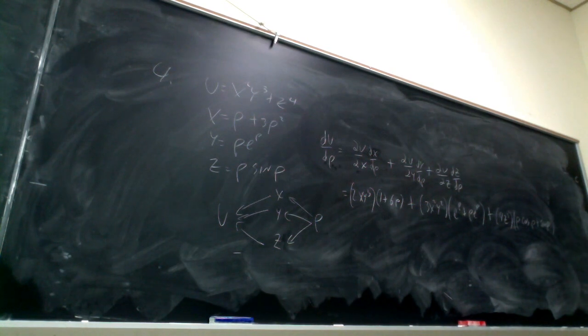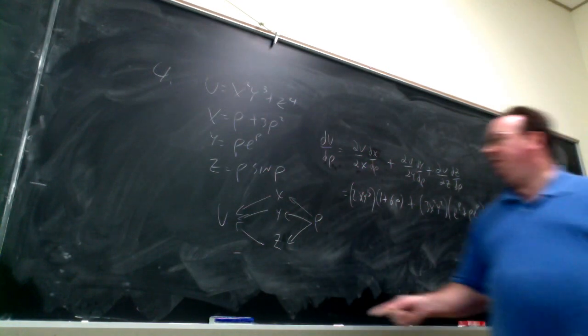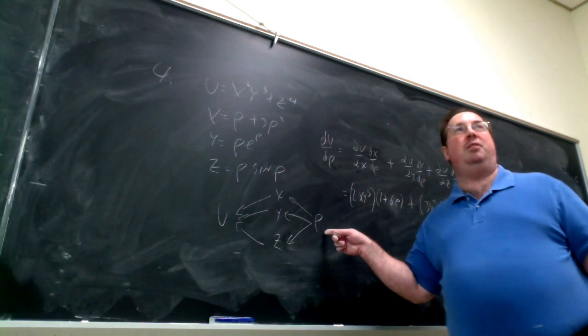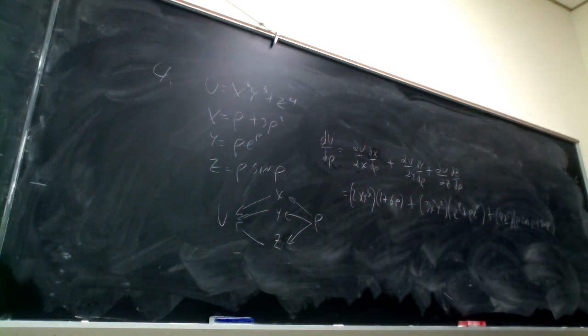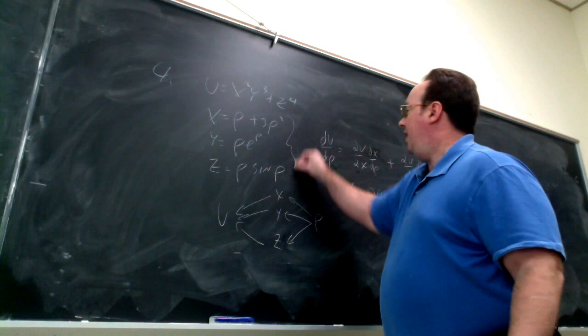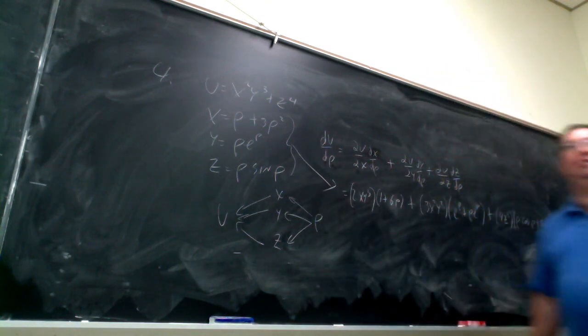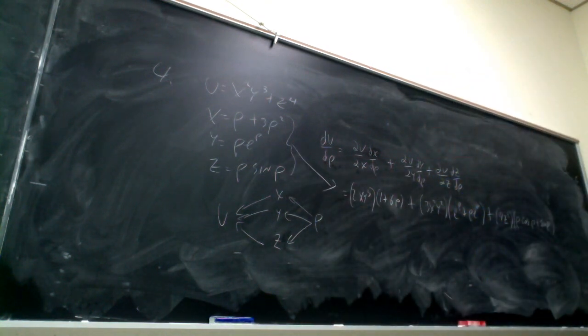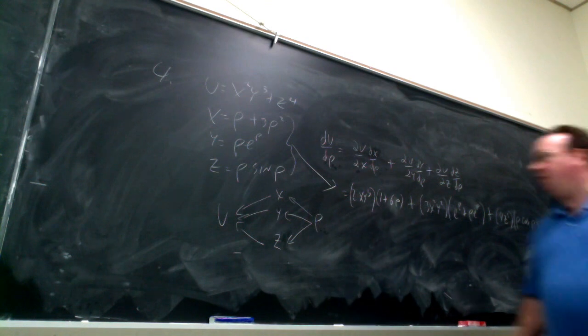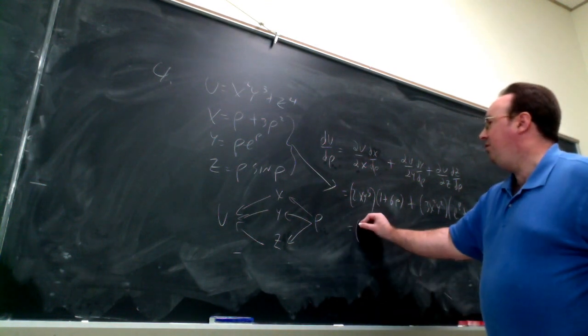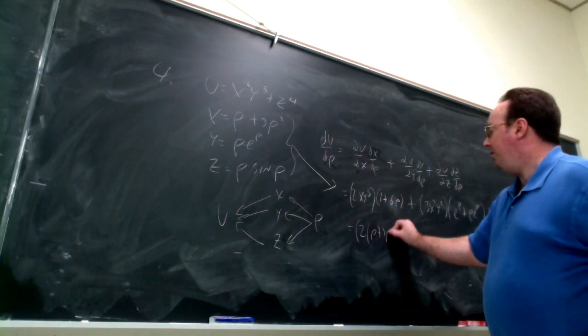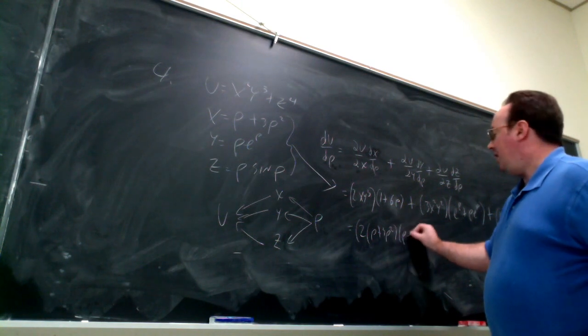Okay, so you're almost there, but don't forget, your final answer must be written in terms of your independent variables, in this case p. So now you have to take all these and substitute them into there. Just like for one variable chain rule, you're evaluating the outer derivative of the outer function at the inner function. That's what's going on here. So you have 2p plus 3p squared p e to the p cubed.